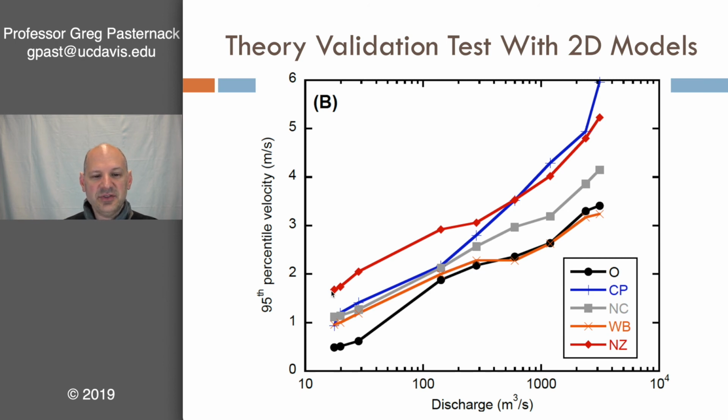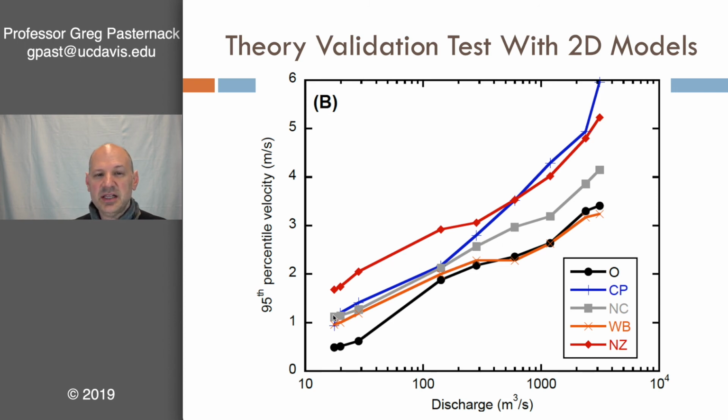Once I have that, I query to see what is the 95th percentile velocity for each one of these landforms. So at the lowest discharge at base flow, you can see that the normal channel, or just normal, is in gray, and so it's the reference point as you go increasing in discharge.